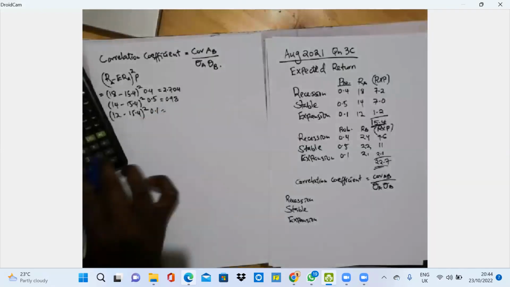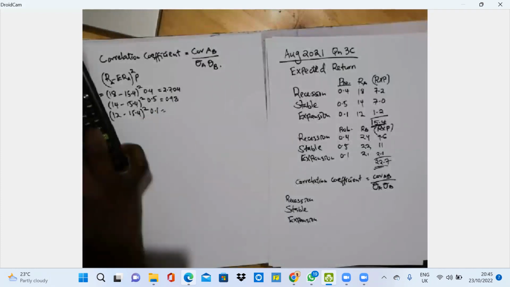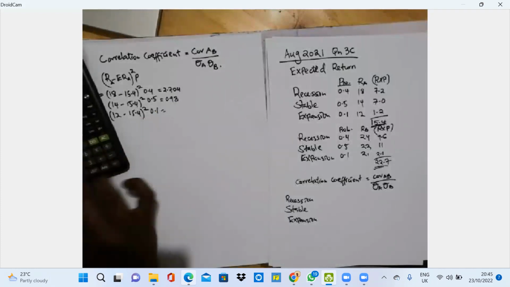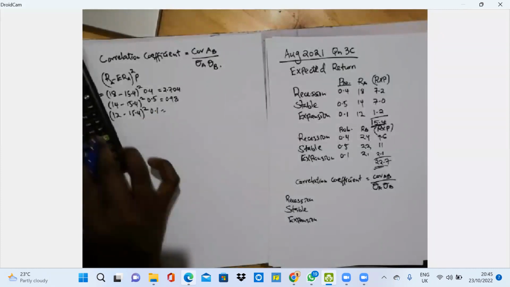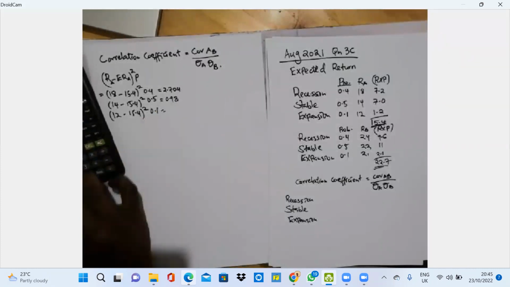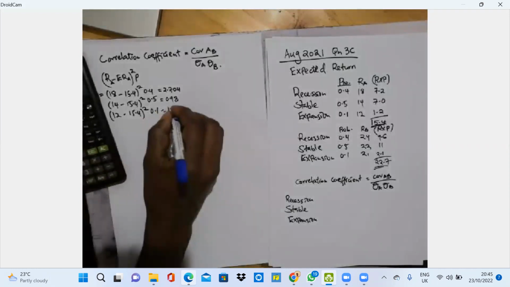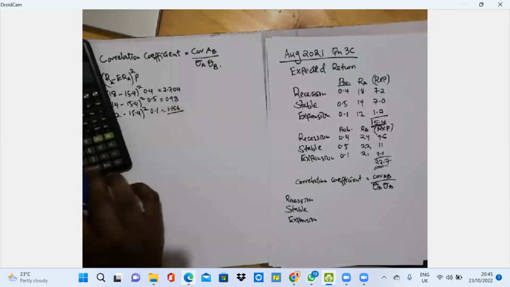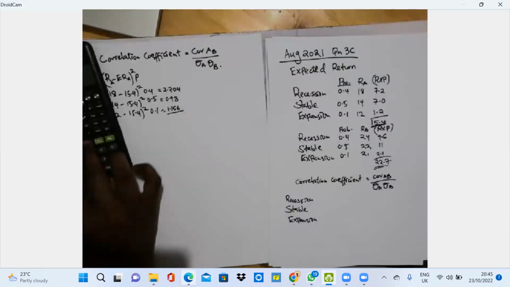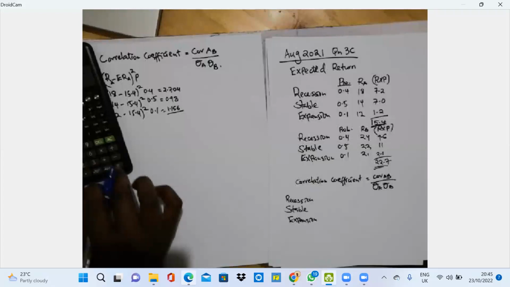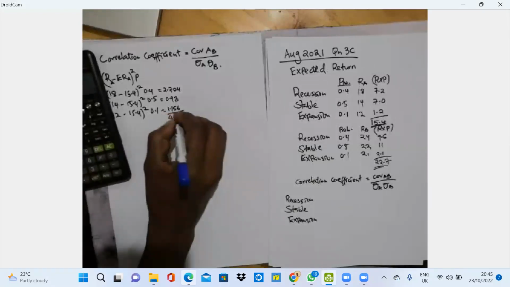14 minus 15.4 squared multiplied by 0.5. Then 12 minus 15.4 squared multiplied by 0.1 gives 1.156. Adding 1.156 plus 0.98 plus 2.704, that is 4.84.